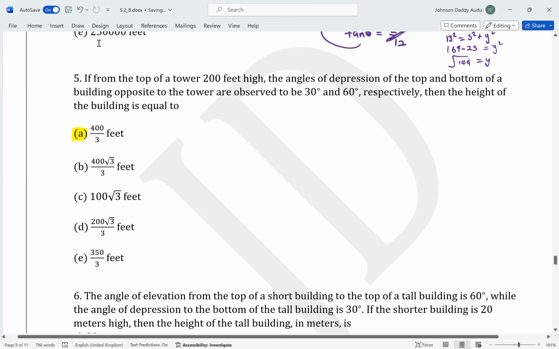All right. So this is also another elevation. He said if from the top of a tower, 200 feet high. So let's have the tower here.